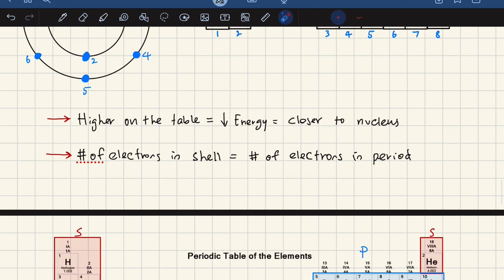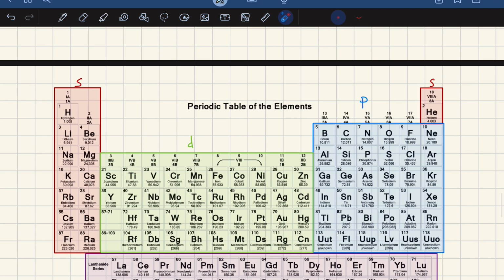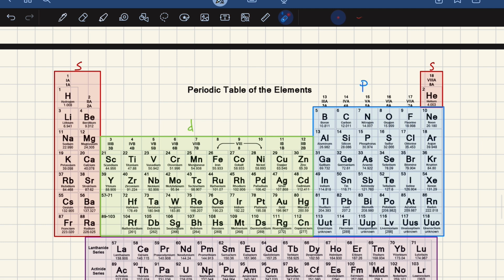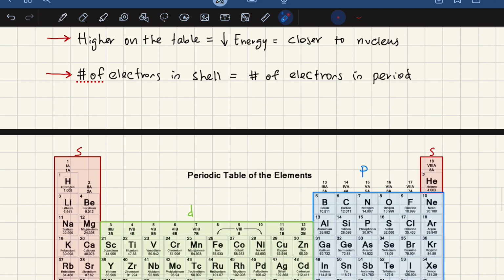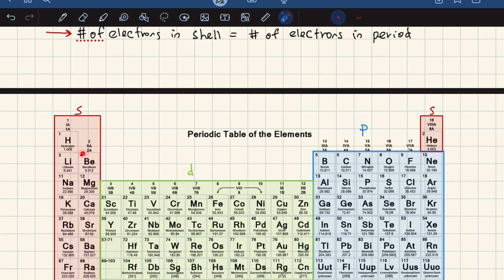So, to further extend this, we're going to organize the periodic table into blocks, which we call in chemistry subshells. Within this larger shell of 8, we've got a part of the subshell that comes from the s orbital and part from the p orbital. And again, you've probably heard this before.